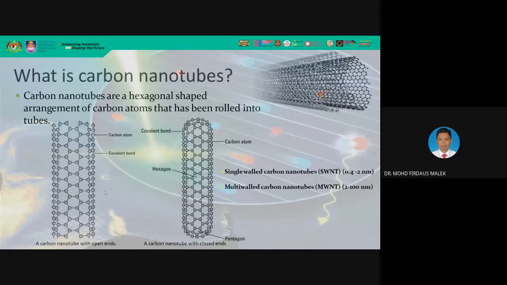The first one has open ends, meaning it is hollow. The other one is the carbon nanotube with closed ends, closed from end to end. Carbon nanotube is a tubular form of carbon with a diameter as small as 1 nanometer, the tiniest size. And the length can go up to several micrometers.